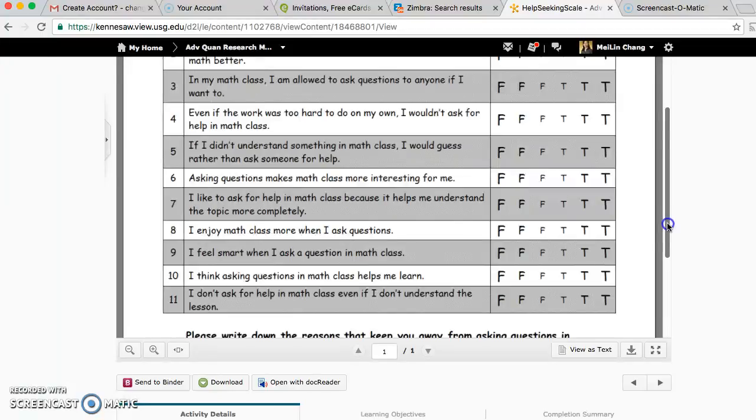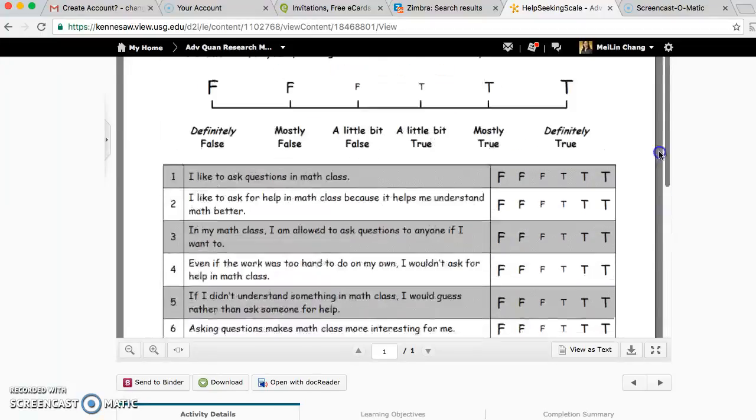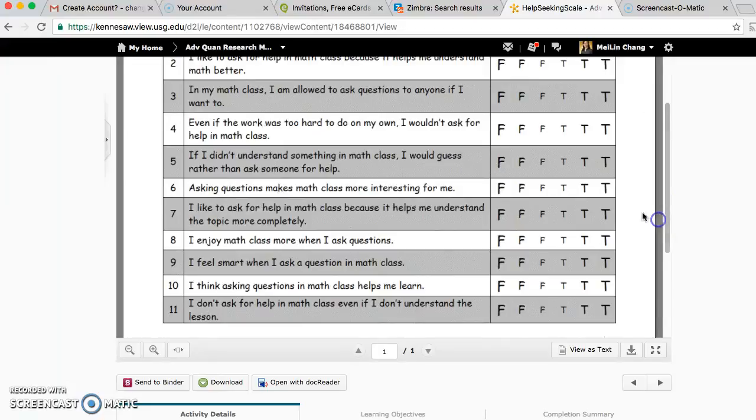Okay, so anyhow, we have these 11 items, and because yesterday we labeled the wrong ones as reverse items, I hope you can run the factor analysis again, and this time in the assignment, let's treat these 11 items all together as one scale.